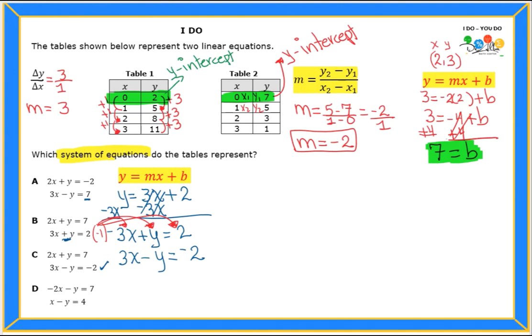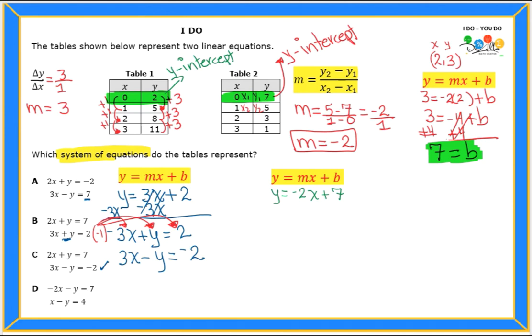What I'm going to do next, now I need to write down my equation for the second one. And of course, we're going to use the slope-intercept form for that. So I am going to replace only m, which is negative 2, and b, which is 7. Since it's positive, I write a plus 7.